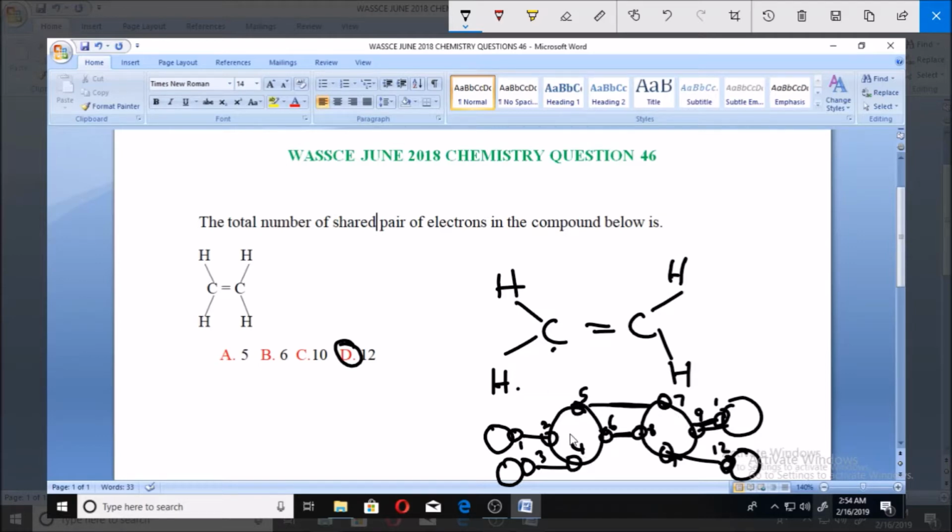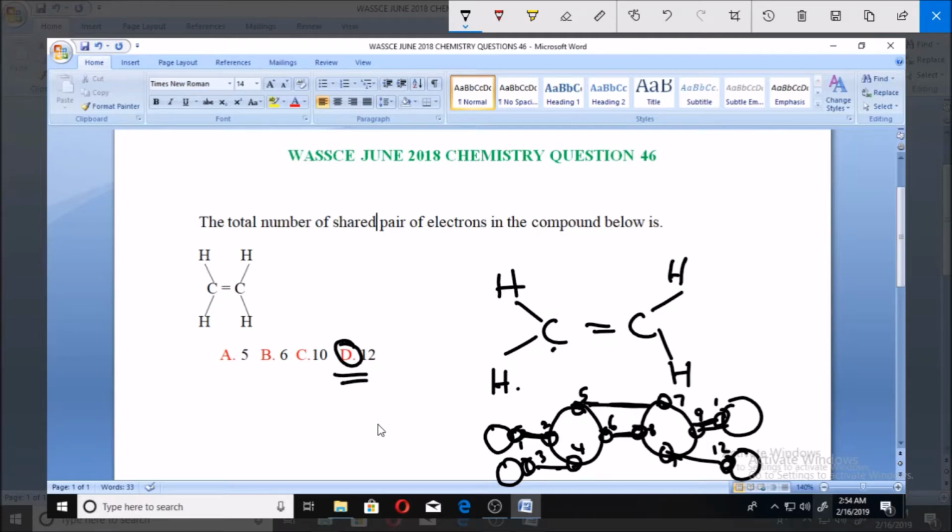The same thing happens to this one. Its natural 4, 1, 2, 3, 4, but now pairing with this 5, getting this one 6, this one attached 7, this one attached 8, making it the normal 8. So that is how you go about this. So the right answer is 12.